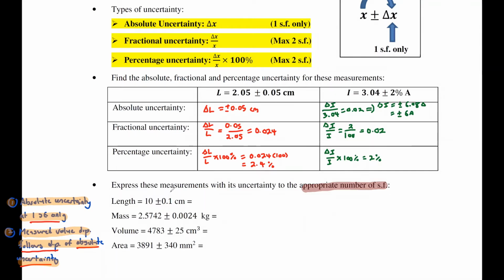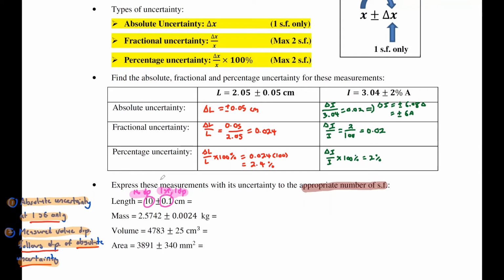Over here, we have length equals 10 plus minus 0.1 centimeter. We can see that the absolute uncertainty is at 1 SF, 1 dp, whereas the measured value has no dp. Looking at the SF of the absolute uncertainty itself, it's already at 1 SF, so it's really following the first rule. However, looking at the dp of the measured value and the absolute uncertainty, we can see that they do not match.